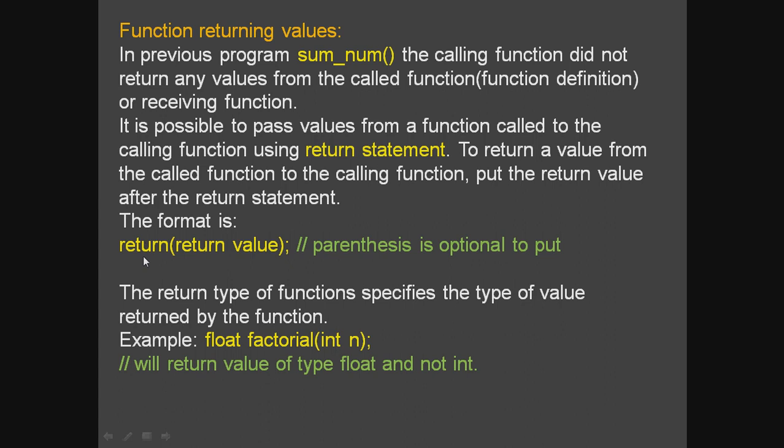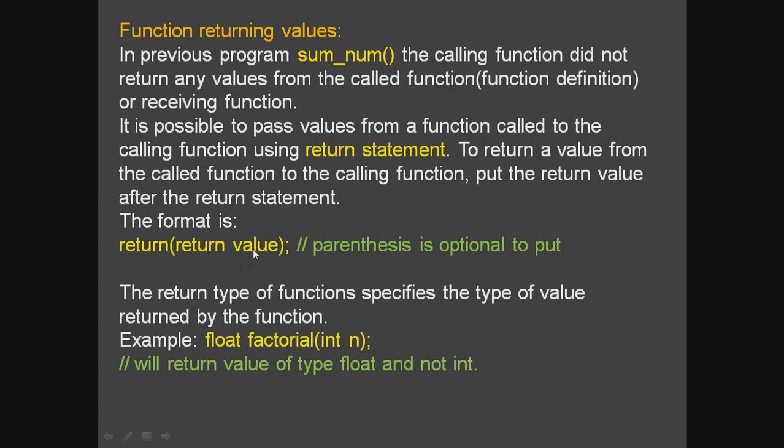The return keyword, and within the parentheses the return value. The return value may be represented by a variable. Since the variable stores the value, when you return the variable, you are returning the value stored in the variable.